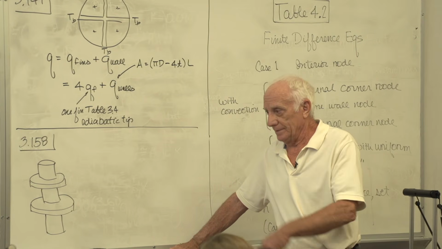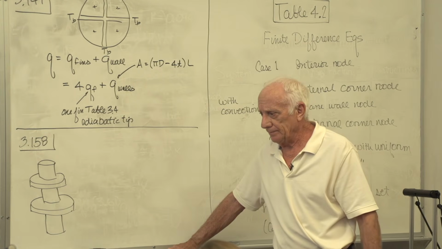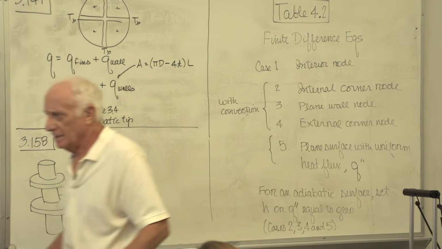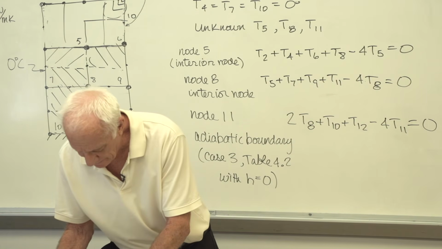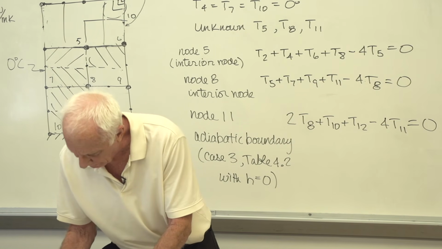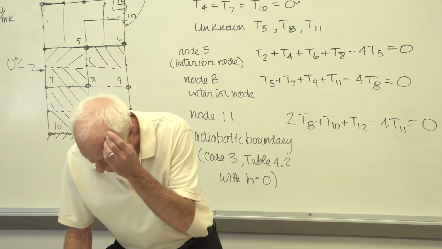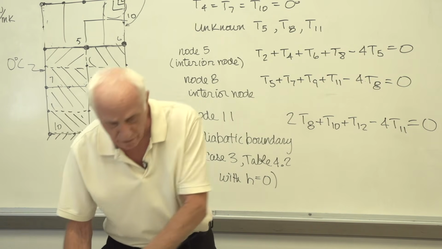Okay, this guy. Let's check how many fins there are on that thing, 3-158. The first part says find the heat loss by 1 fin. Okay, got it. That's part A. Heat loss per fin, 200 fins.